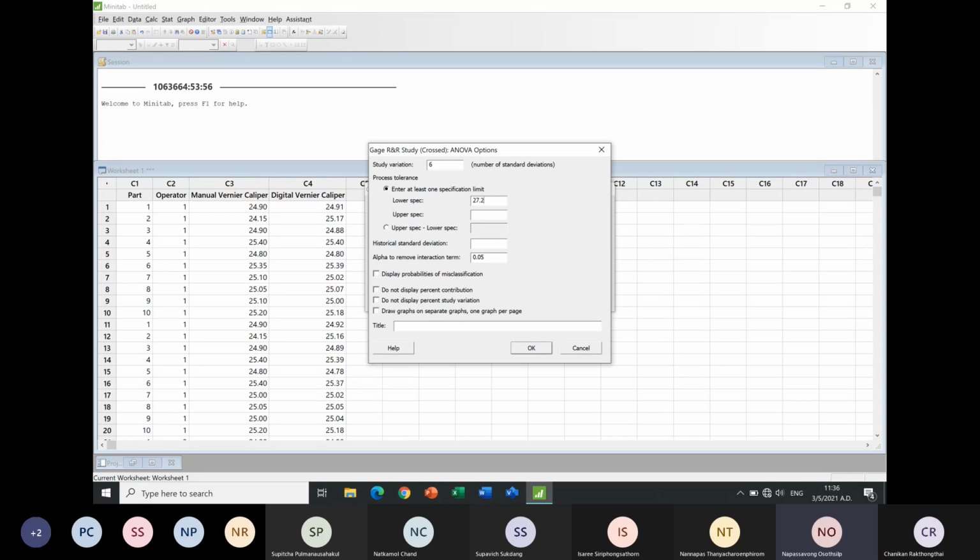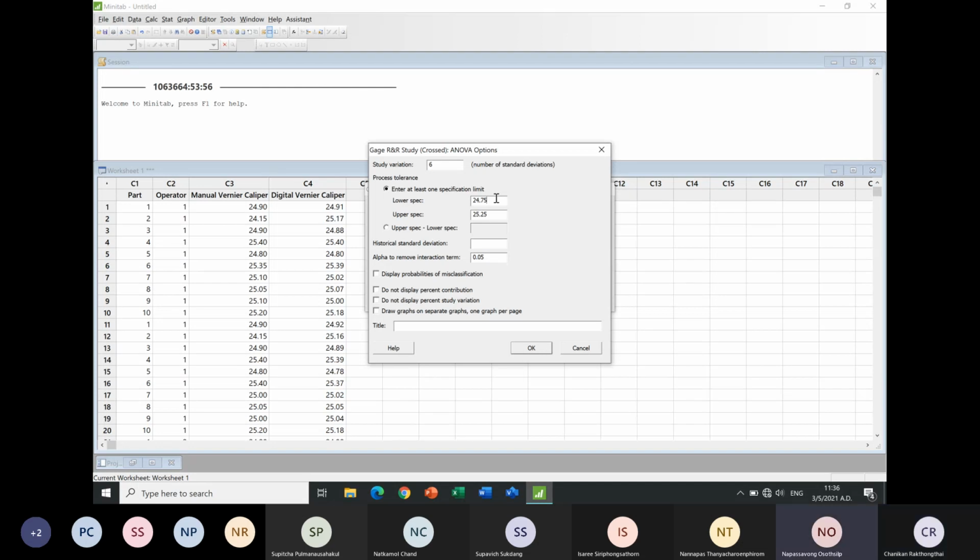Then it will ask you to enter the specification limits so that it can use these numbers to calculate P to T, the precision to tolerance ratio. So you will enter the spec, which is tolerance plus or minus 0.25, lower spec 24.75 and upper spec 25.25.